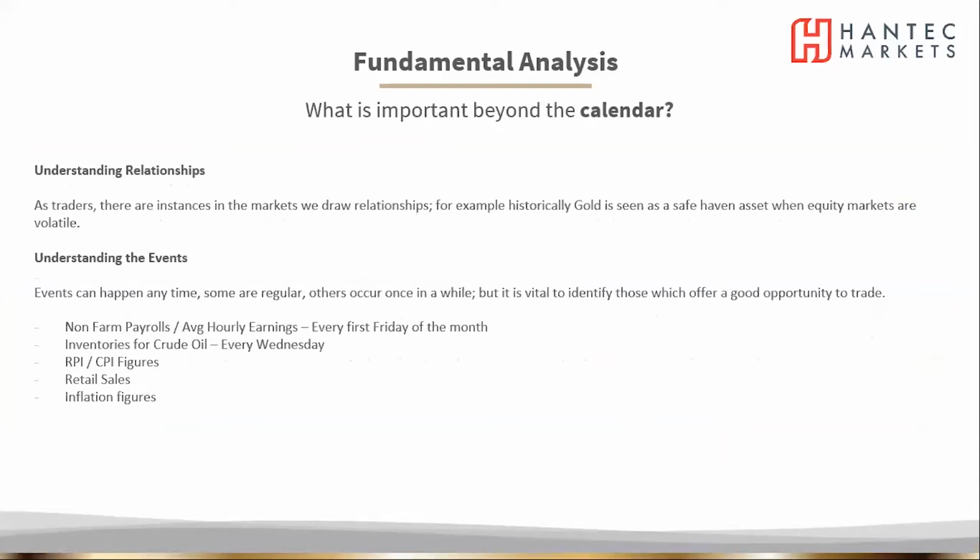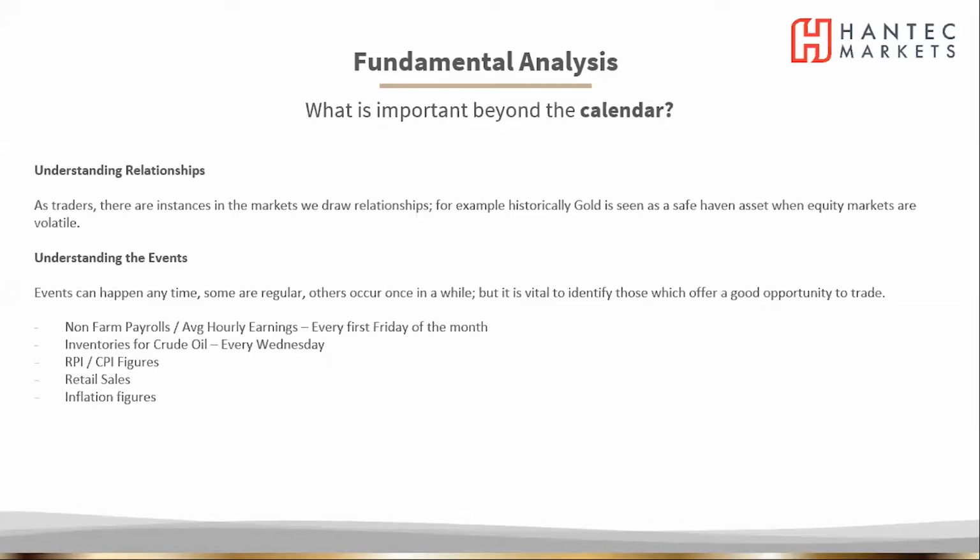As traders, there are instances in the market we draw relationships. What I mean by drawing relationships is understanding, okay, if X is happening, Y is going to happen. For example, historically, gold is seen as a safe haven asset when equity markets are volatile.